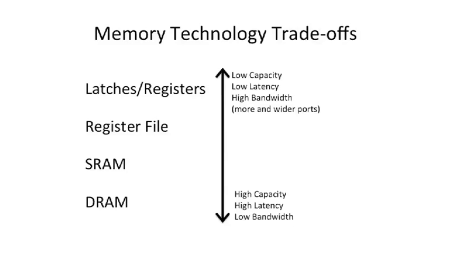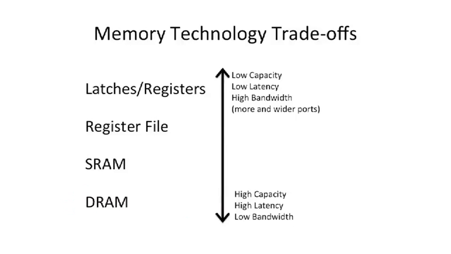Well, we can go from fast, close, small things, like latches and registers, and put them together into bigger things like a register file, and then SRAM, and have different technologies even. As we get to bigger and bigger memories, we get a lot more capacity, but it takes longer to access them, kind of by definition.